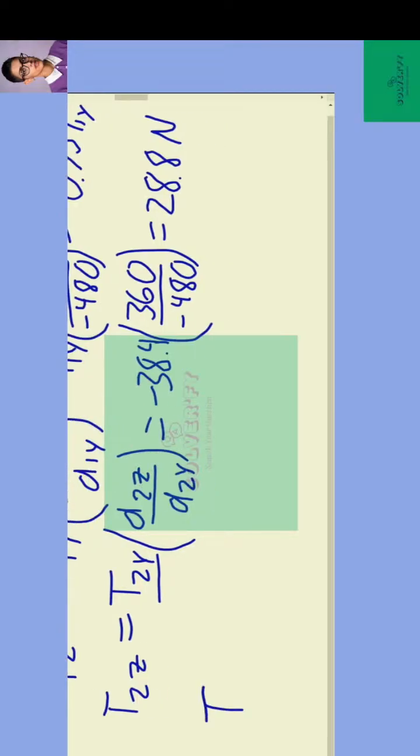Lastly, we do the same for cable 3. Take T3y, multiply it by our dimensional ratio.